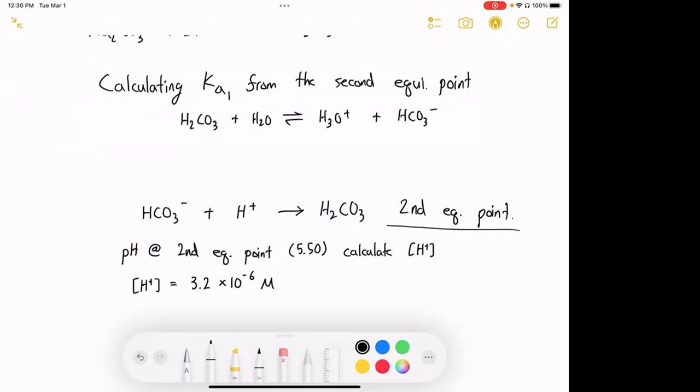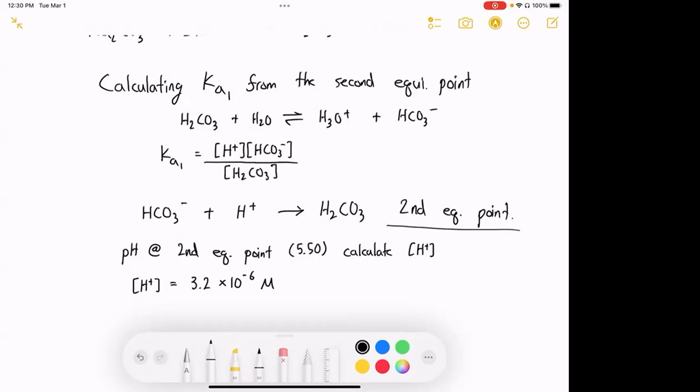Okay, so this Ka1 expression equals the products of H plus or H3O plus and bicarbonate ion over the initial concentration of H2CO3.